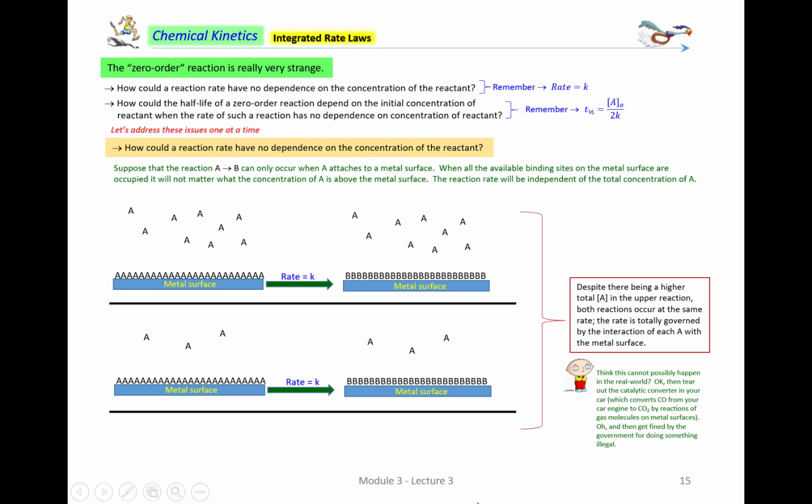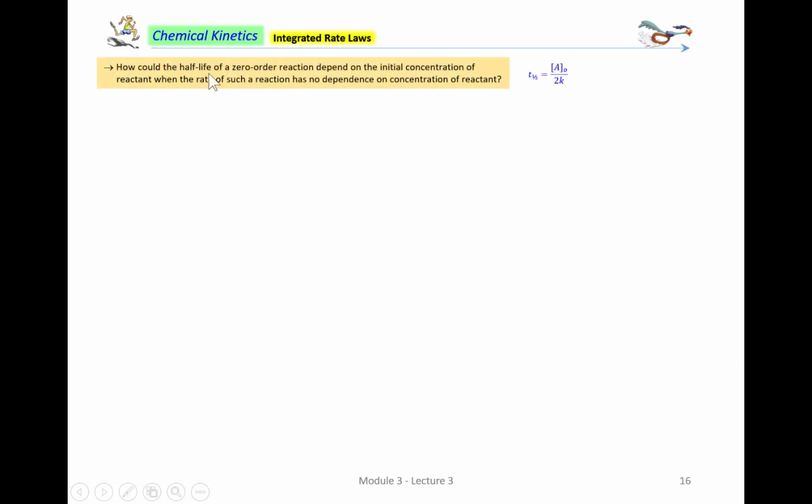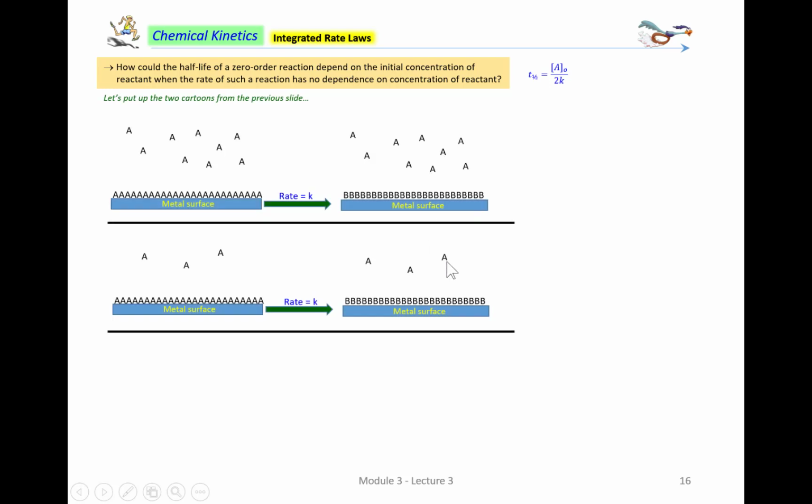Let's take on the half-life issue on the next slide. How could the half-life of a zero-order reaction depend on the initial concentration when the rate of the reaction has no dependence on the concentration of reactant? Again, let's put up these cartoons from the previous slide.